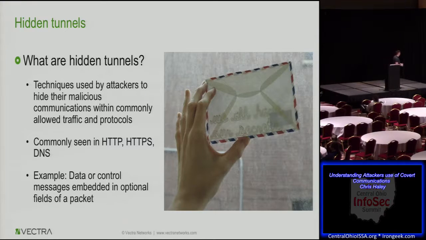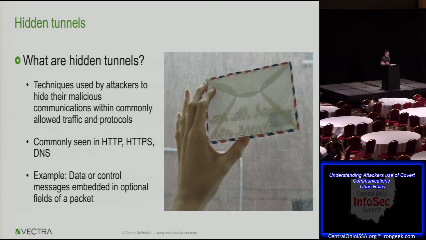normal protocols. It becomes very difficult to create signatures and continuously match patterns when, one, they're changing on a day-to-day basis, and secondly, you may have liberal outbound policies that permit these protocols.